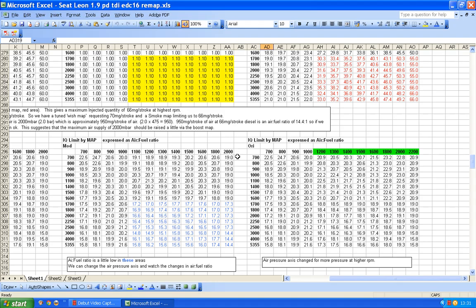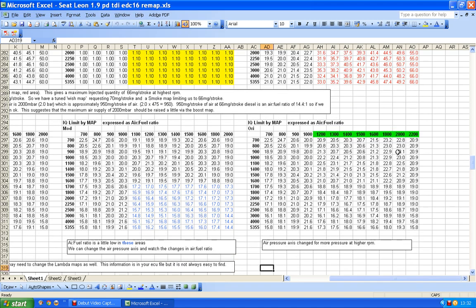So this is my problem. I could either change all of these, in which case I will lose performance, or I need to do something about the available air. Now I've been and looked at what I can do with available air, and of course what I can do is I can up the available air to 2,400, 2,500, that sort of thing.